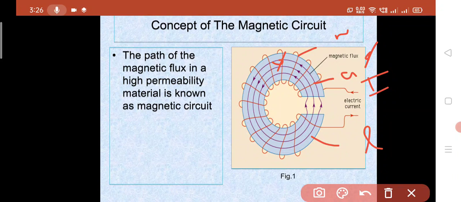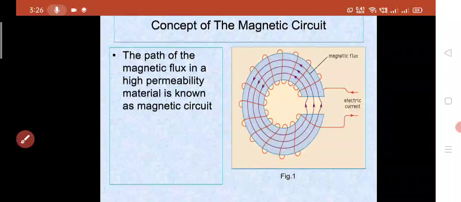Concept of the magnetic circuit. The magnetic lines of force form closed loops. The complete closed path followed by any line or group of lines of magnetic flux is known as magnetic circuit. So I will explain once again.